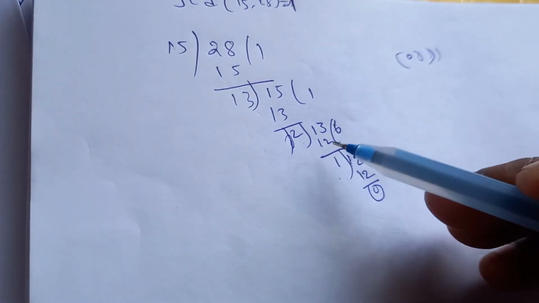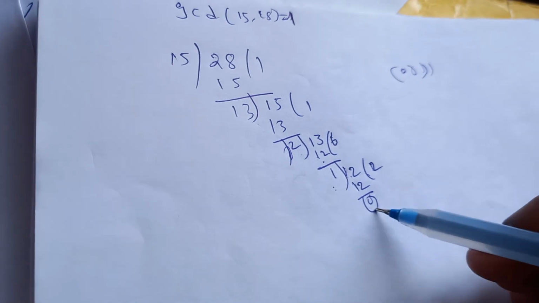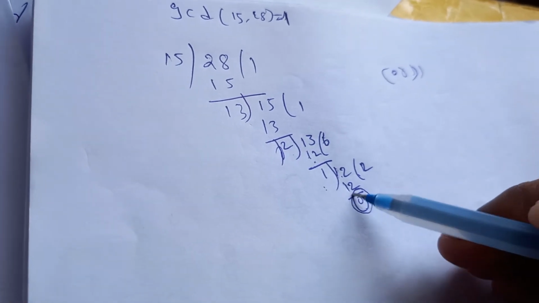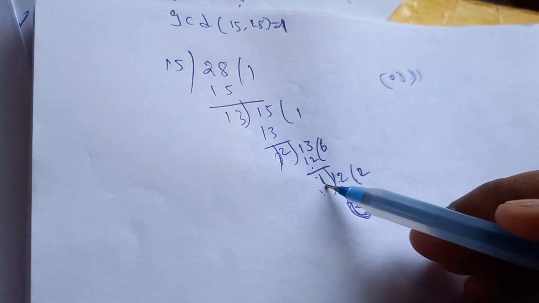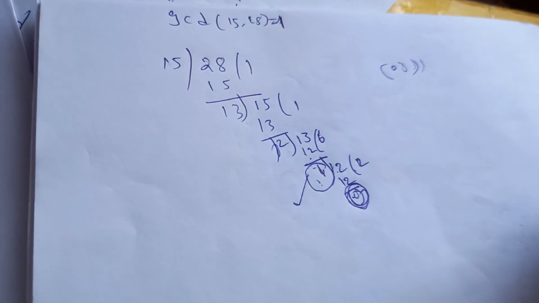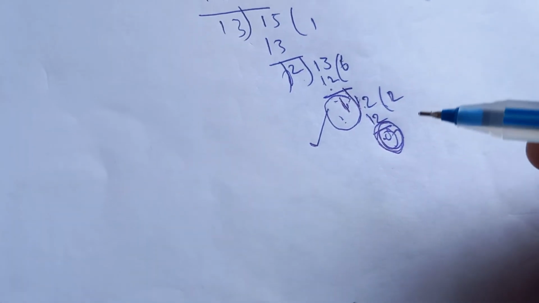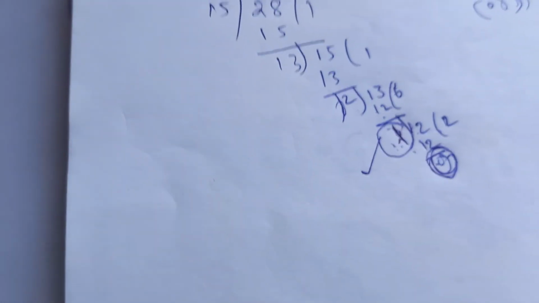Again we consider the dividend 12. 12 ones are 12, here the remainder is 0. When we get the remainder 0, the divisor is 1, so we consider this as the GCD, the greatest common divisor 1.